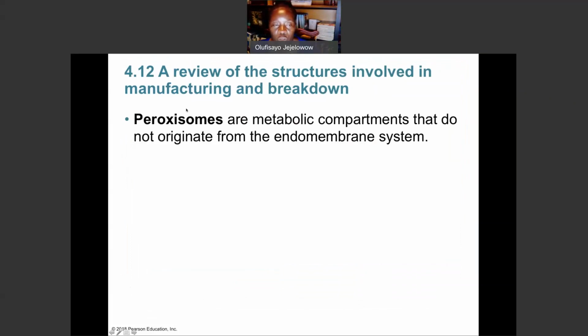Peroxides come as a product of digestion of fat in the body, and like we use hydrogen peroxide for sterilization, accumulation of peroxides in our cells could be toxic. But with the help of peroxisomes, those peroxides are converted to water and oxygen and detoxified in that process.